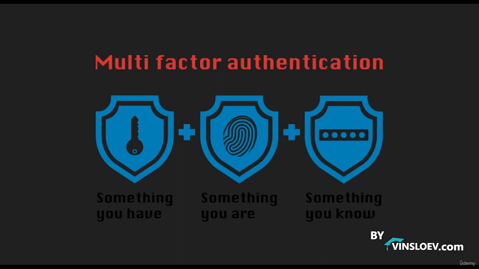The service will send a code to your phone number, and you will need that code alongside your password and username. Or when you are entering a building, it could be something you know, again a password, and something you are, your fingerprint, in order to get access. So these are the three authentication factors that we currently have.